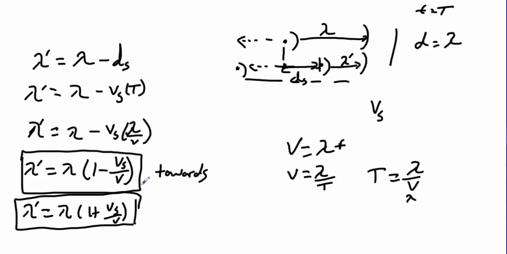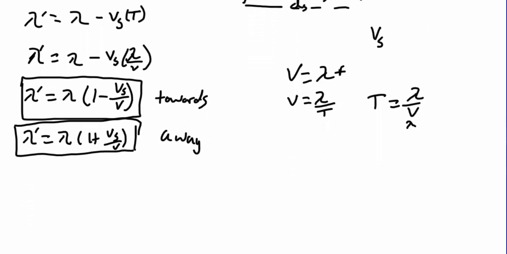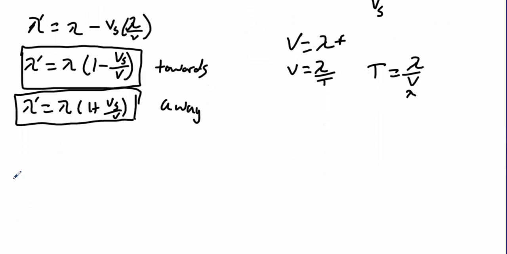Now, we derived these all in terms of wavelength, but a lot of times we're actually more worried about frequency, or we know more about frequency. So all we have to do is make the substitution for frequency. Now remember, frequency is equal to the inverse of period. Or, let's do this a different way, V equals wavelength times frequency.